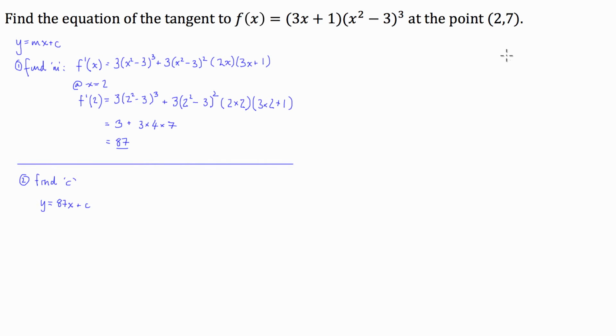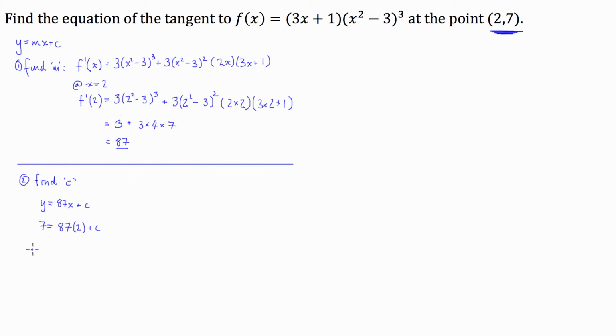Now we're going to get this coordinate point here and substitute it in. So we're going to put (2, 7) into here. So we're going to say that 7 is equal to 87 times 2 plus c.